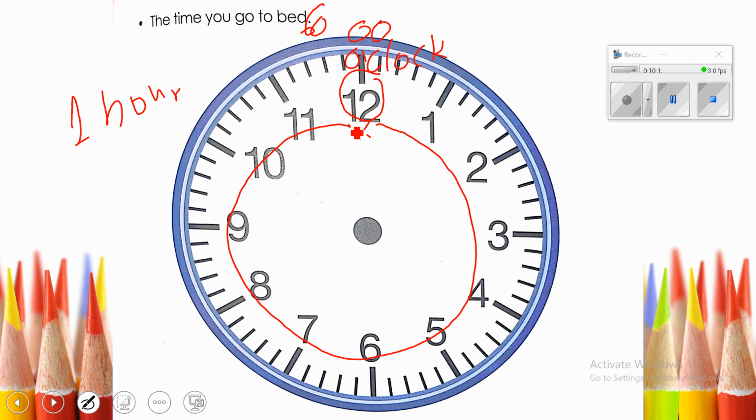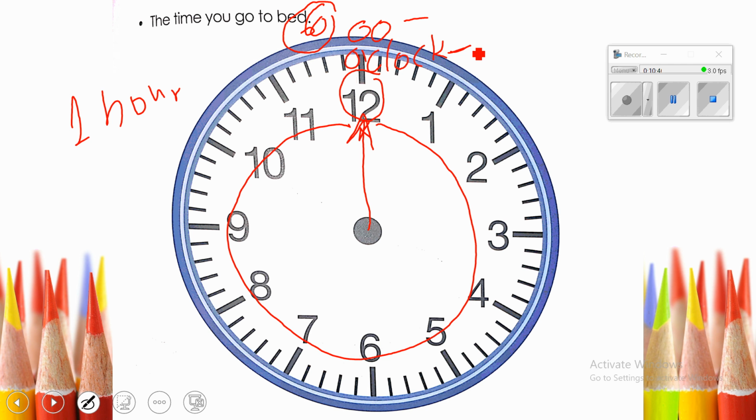When the minute hand stands here, I don't say it's 12 minutes. No, it's wrong. I say it's 0 minutes or o'clock. So I use 60 when I calculate. But when I'm telling time, I'm using 0 or o'clock.